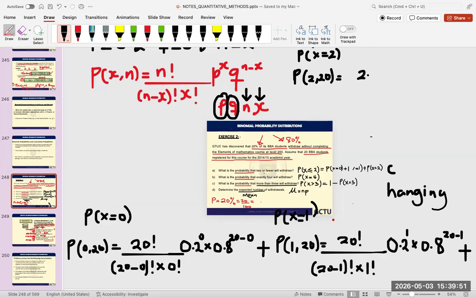Same, 20 factorial divided by 20 minus 2 factorial times 2 factorial times 0.2 to the power 2 times 0.8 to the power 20 minus 2.